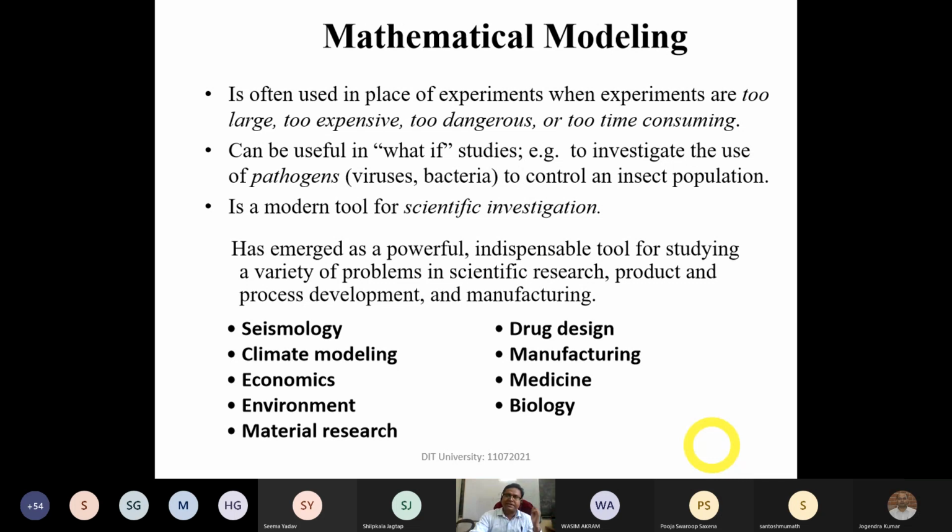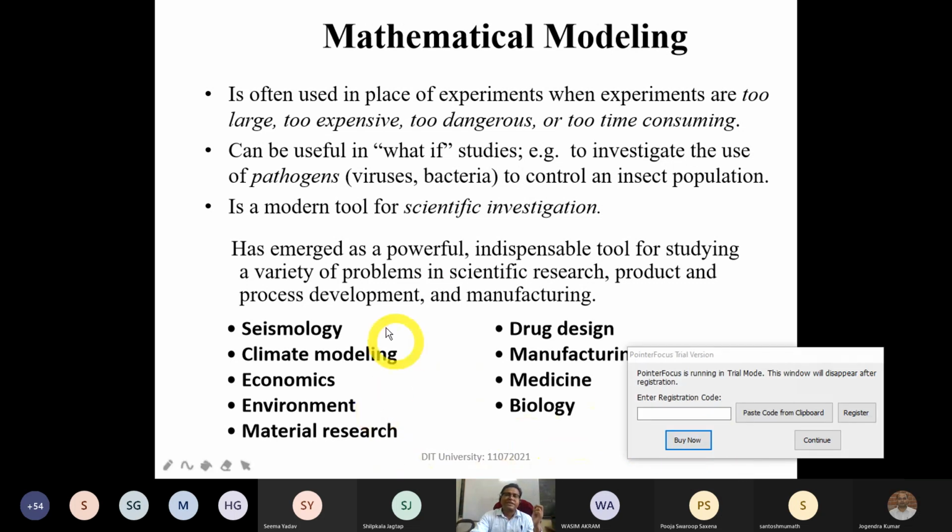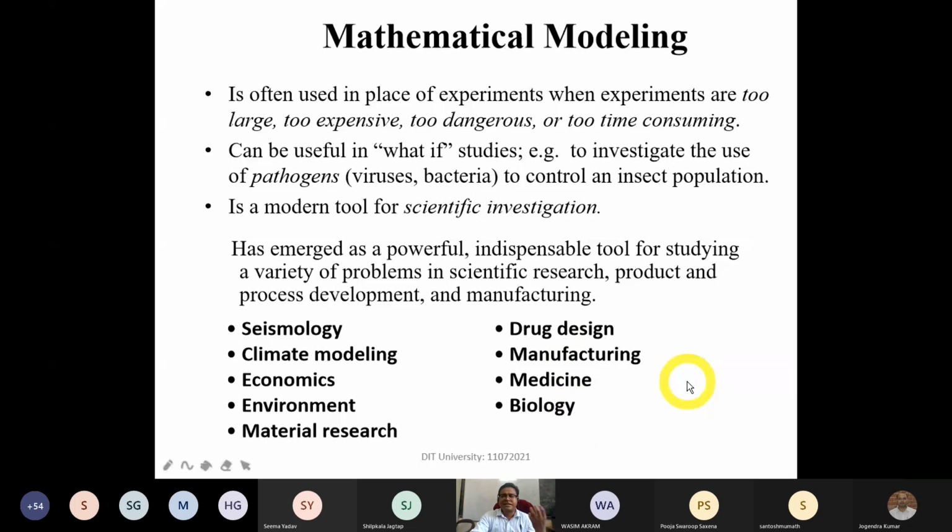Nowadays, mathematical modeling is used in various branches of science, as we sometimes say that every branch of science must use mathematical modeling. It's a very wide statement, but still a very effective one.